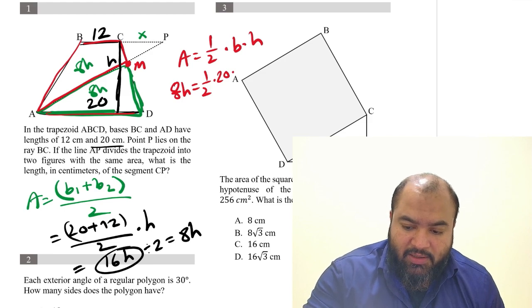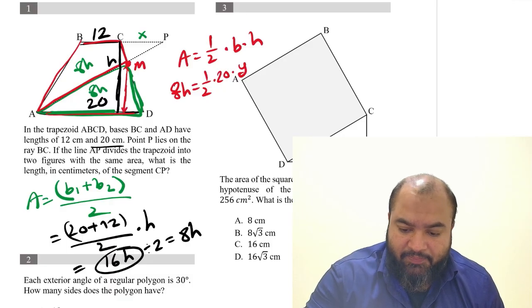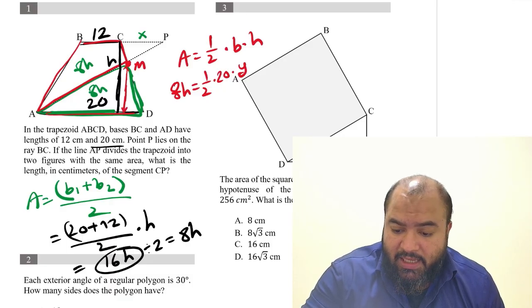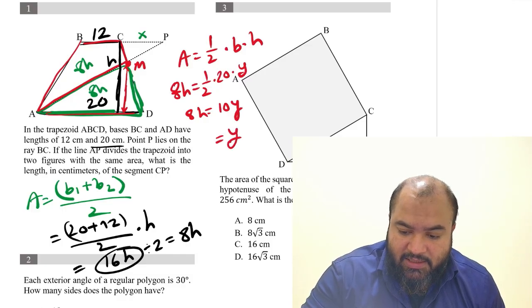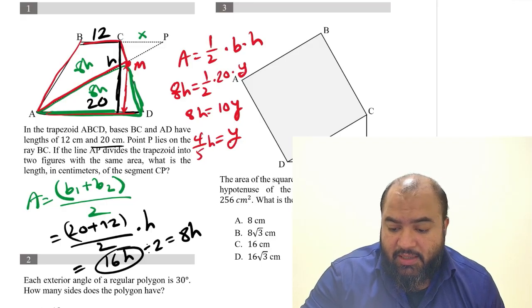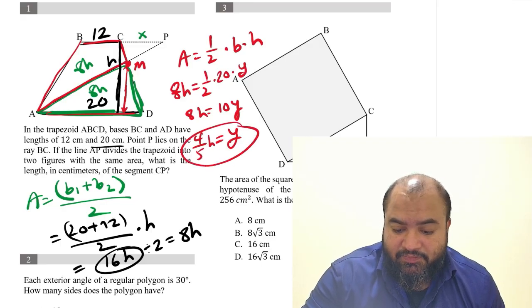I'm going to call it Y, the height of the triangle. So 8H equals 10Y. So Y is equal to 8 over 10, that's 4/5 H. So that's the height of the triangle, this one.